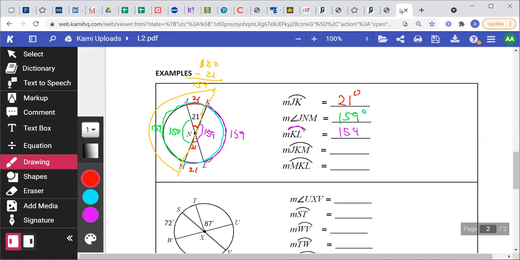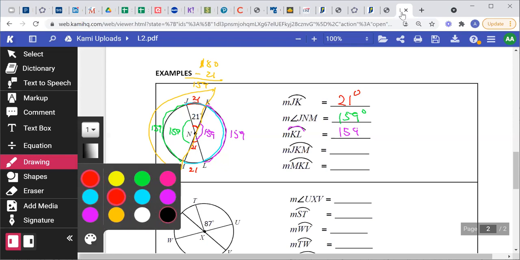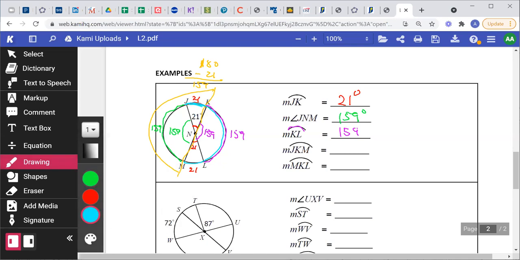So JKM, which is the whole of this blue line, is gonna be arc JK plus arc KL plus arc LM, which means it's gonna be this, which is 21, plus this, which is 159, plus this small one, which is 21.